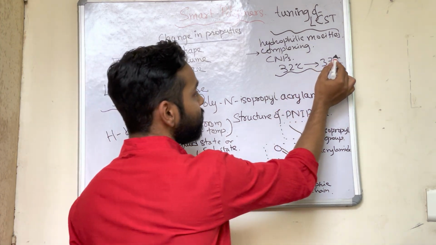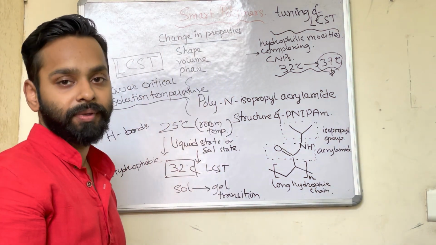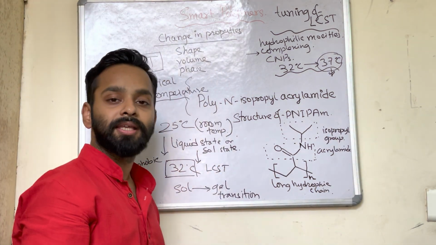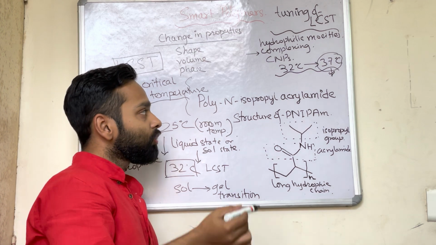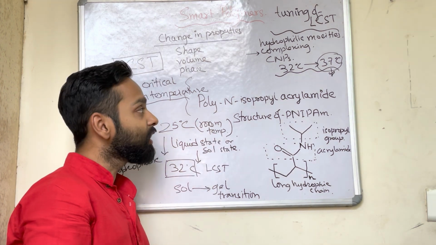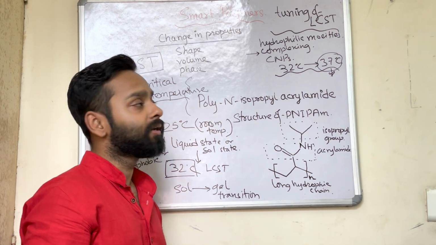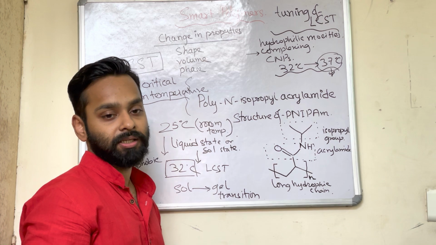So this 37 degrees Celsius is the physiological temperature or the biological temperature, the temperature which is maintained inside biological systems. So at 37 degrees Celsius, if we can tune this LCST, if we can increase this LCST behavior, we can use PNIPAm for a wide range of biological applications.